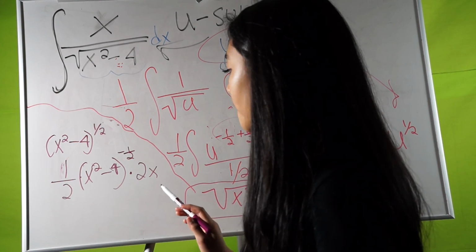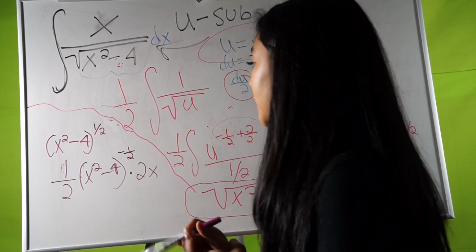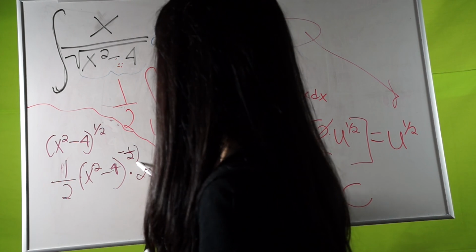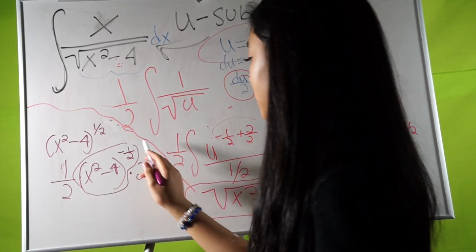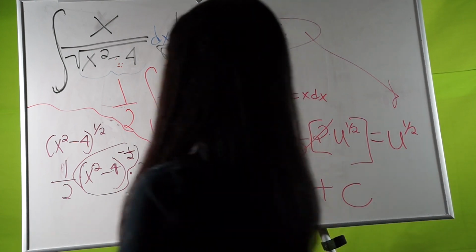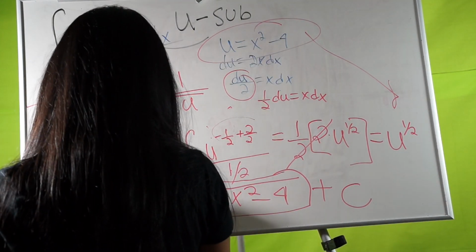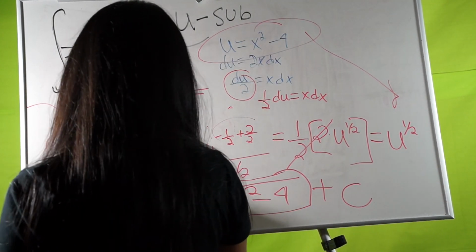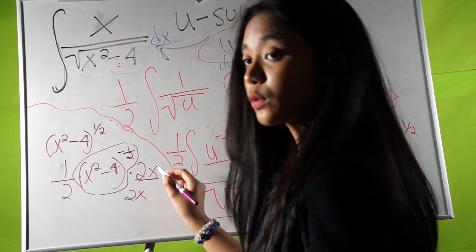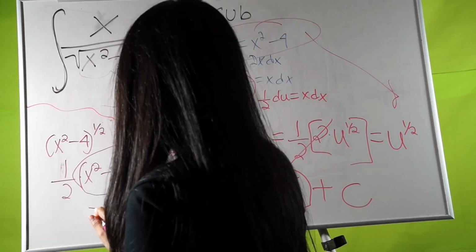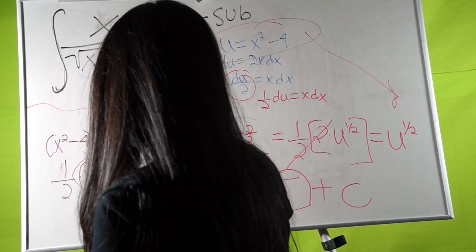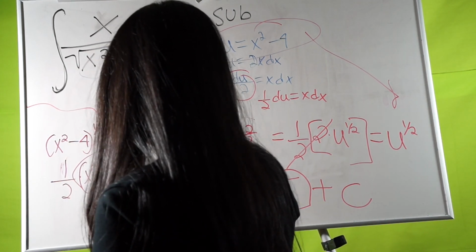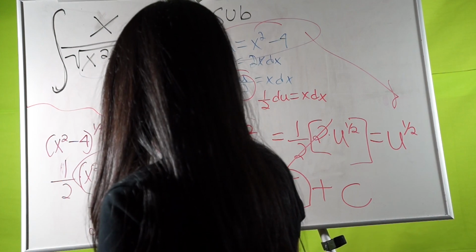And so now we're almost done. So here, this goes below. This has a negative. So now we have 2x at the top. Remember, this is going to be our numerator, so we're going to have 2x all over 2 the square root of x squared minus 4.